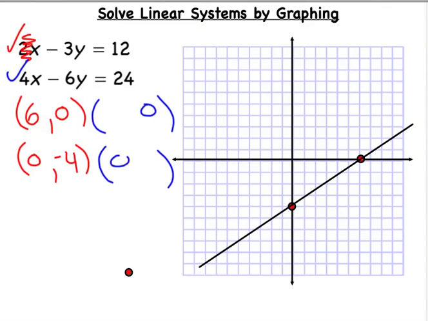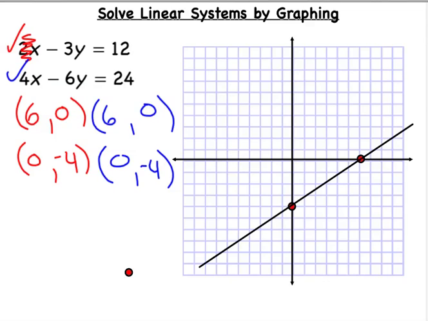Plug in 0 for y, and I get x equals 6. Plug in 0 for x, and I get y equals -4. Uh-oh, look what I got. I've got the exact same x and y intercepts. When I plot those, I'm going to get the exact same line, so I'm not going to plot the line again. If I plot it on top of itself, it's going to look exactly the same as the graph does now.